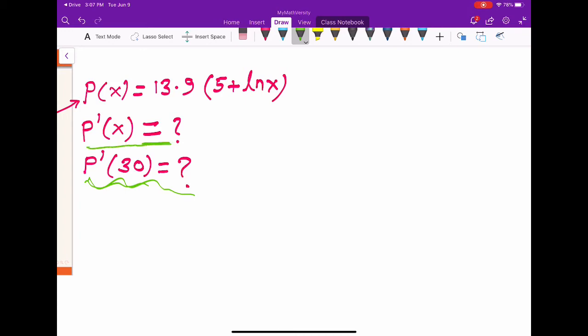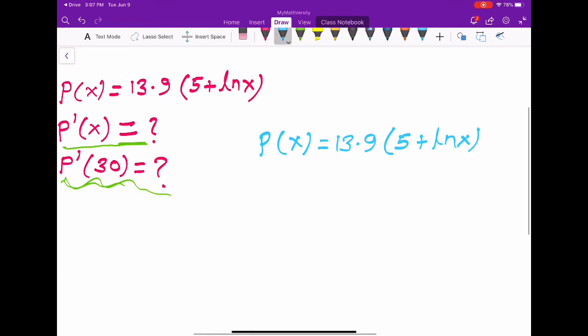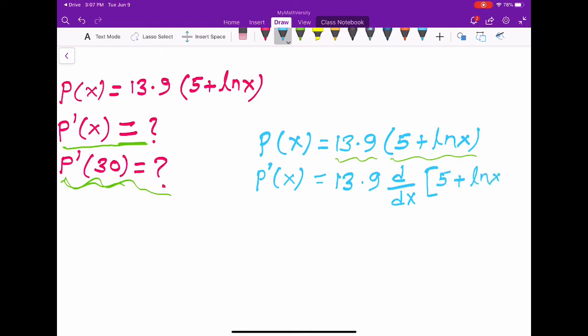If P of x is given as 13.9 times (5 plus ln of x), how do you find P prime of x? How do we find the derivative of this? You can see here we have a constant multiplied by some function, so we can use the constant multiple rule, which is to leave the constant as it is, so 13.9 as it is, multiplied by the derivative of 5 plus ln of x.